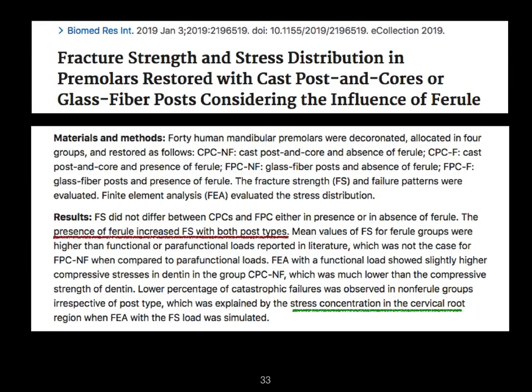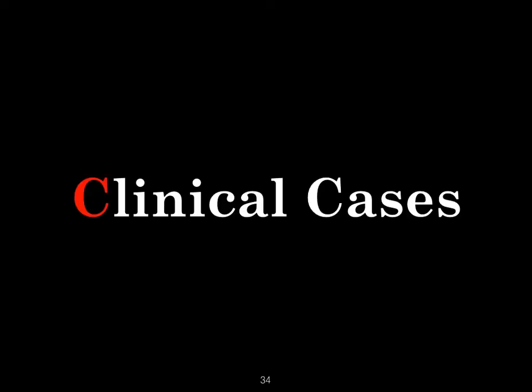The next paper showed that the presence of a ferrule will increase the fracture resistance of the restored tooth regardless of the post that is used, because most of the stress concentration is in the cervical region. Now we will go to some clinical cases as we apply the dental practicality index during the execution itself.